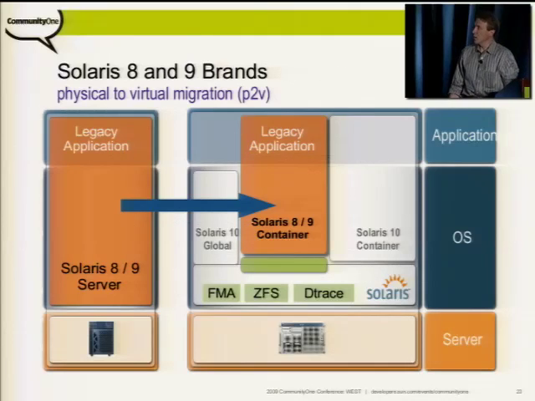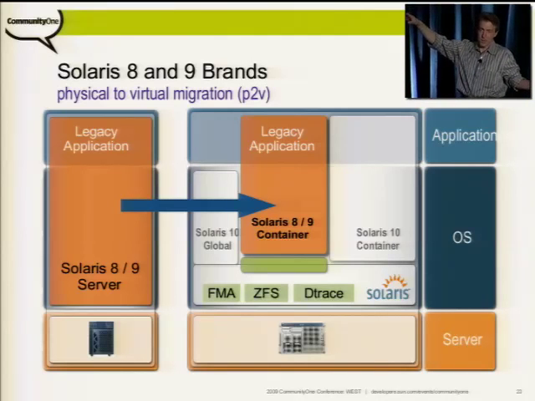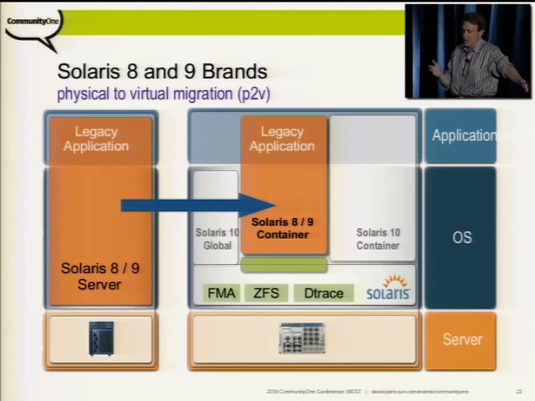So as part of the project that we did there, we built this P2V, or physical to virtual, utility. It's not really a utility, it's more of a process. The idea is that you can take that standalone system and archive it up and then move it into a zone without having to reconfigure the system.